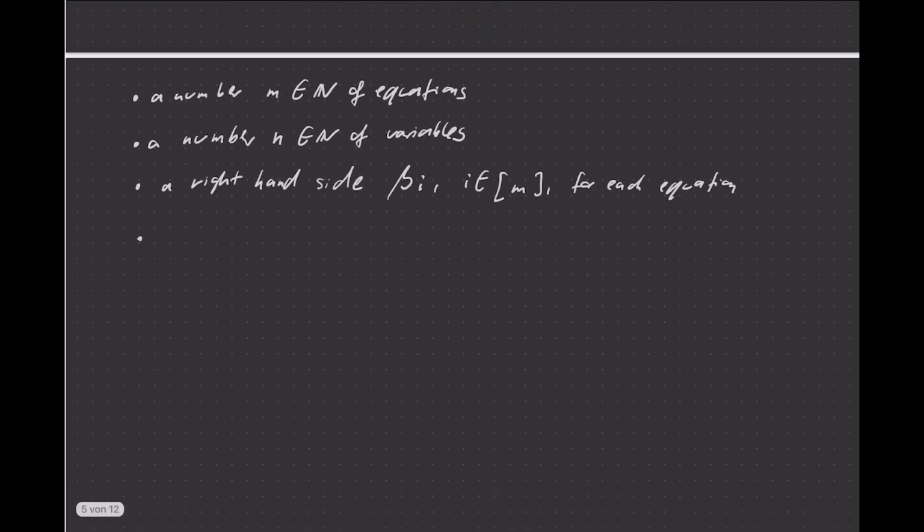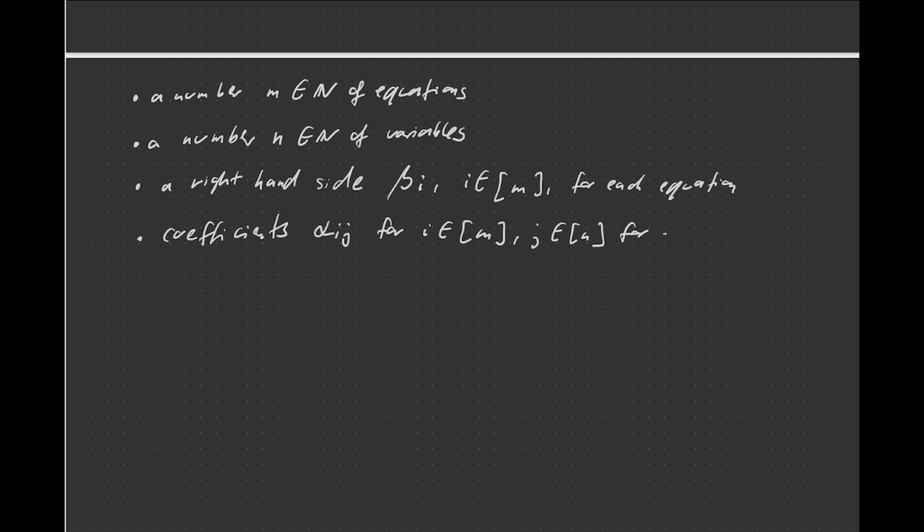So what we have here is coefficients. We call those alpha ij, for i in M, those are the equations, and j in N, those are the variables.